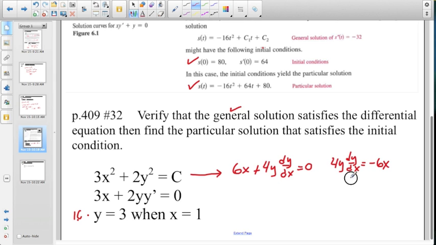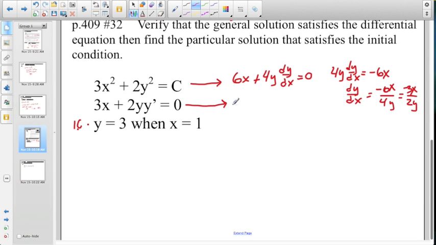And divide each side by 4, we have dy/dx equals negative 6x over 4y, and we can reduce that to negative 3x over 2y. And so we have an expression then for the differential expression, and we can plug that into this differential equation.